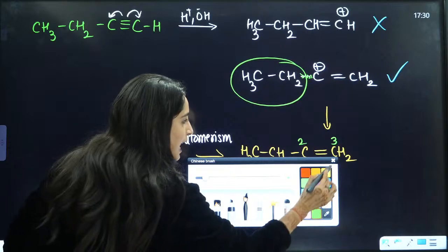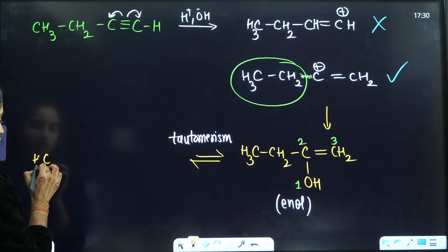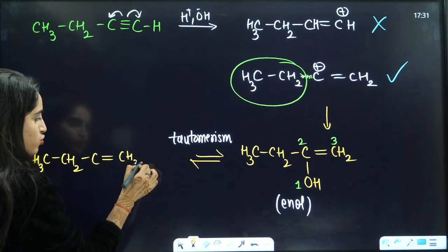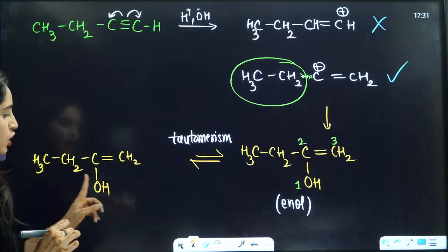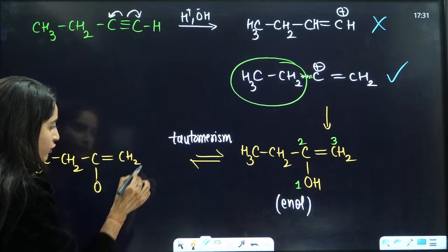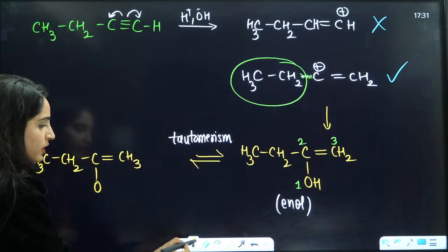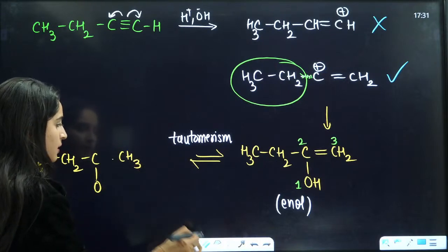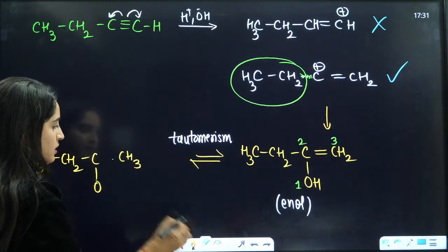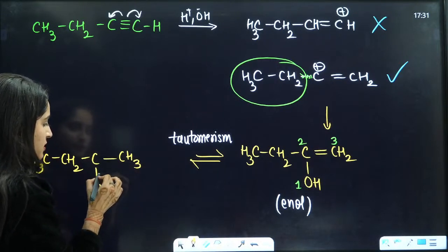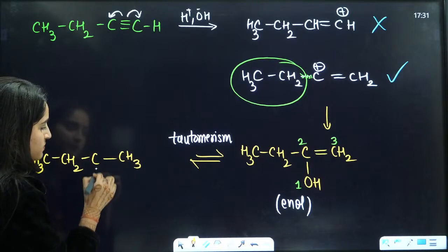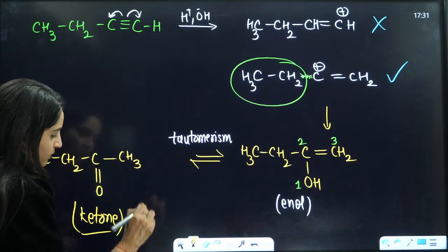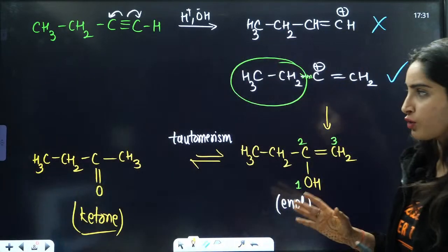Write it as it is: CH3, CH2, C double bond CH2, and OH. Now this hydrogen is going to shift onto this carbon, so it will be CH3, and this double bond is going to shift here, so it will be a single bond and here you will have a double bond. That becomes the keto form. So a ketone is formed. That is called tautomerism.